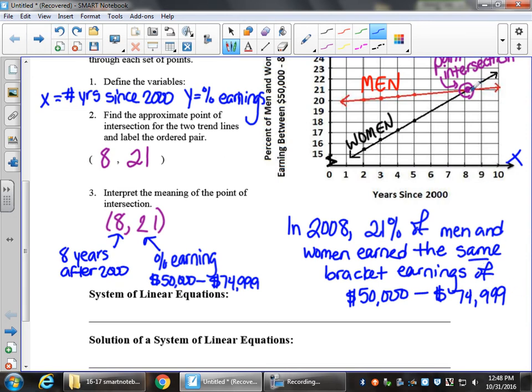In that year, both men and women earned between 50K or 50,000 and approximately 75,000.